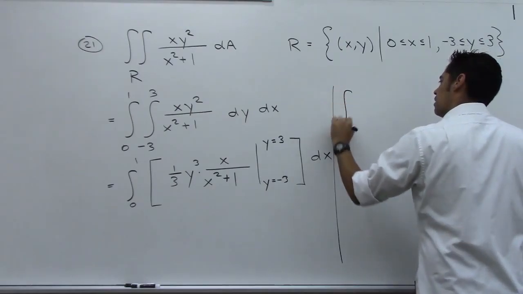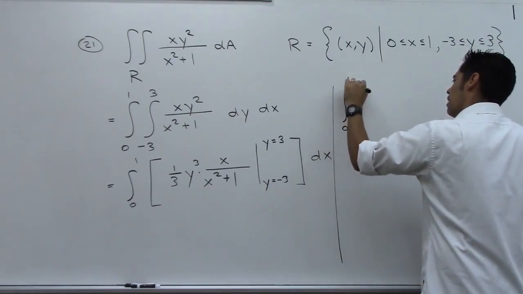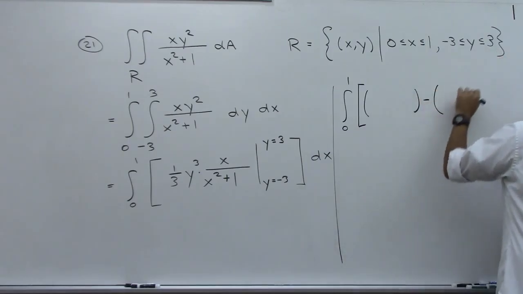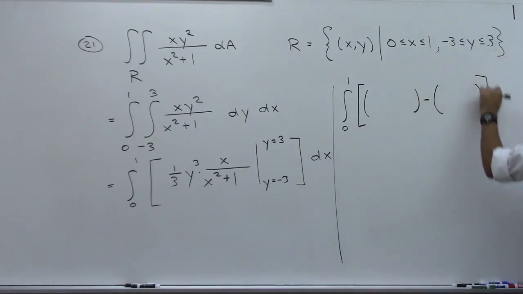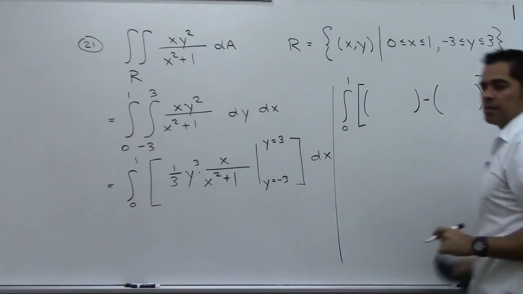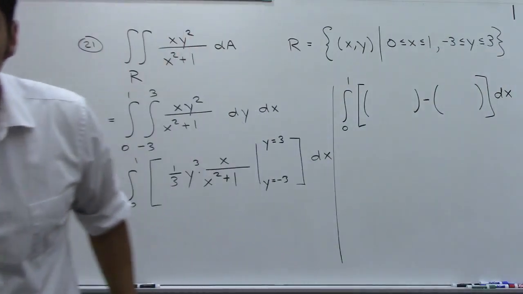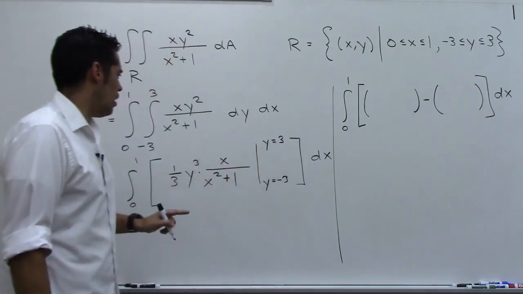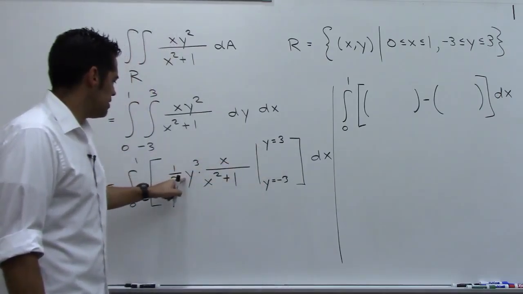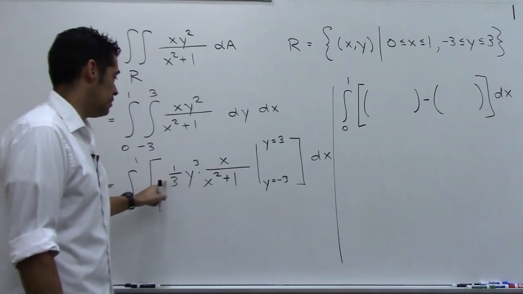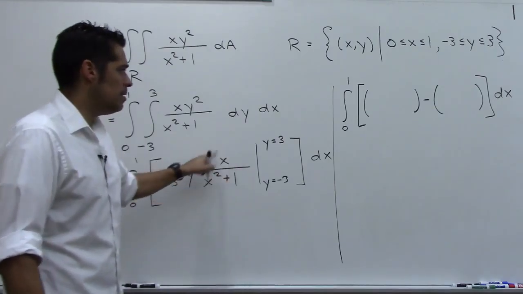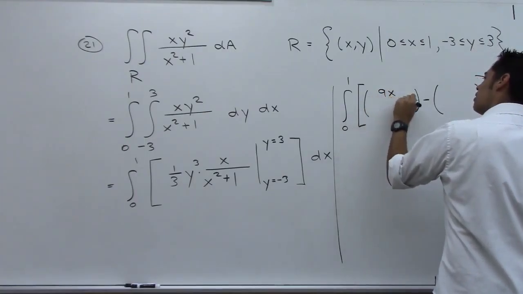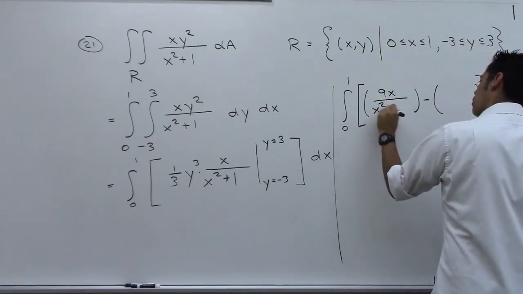This is equal to the integral from 0 to 1 of, and we're going to have two things here. Let's see if I can squeeze this in here. Let's make sure that's coming out on camera. Yeah, good. All right, so let's plug in 3 for y. 3 cubed, 27. 27 divided by 3 is 9. So I get 9 of those. So I'm just going to put the 9 on top. 9x over x squared plus 1.